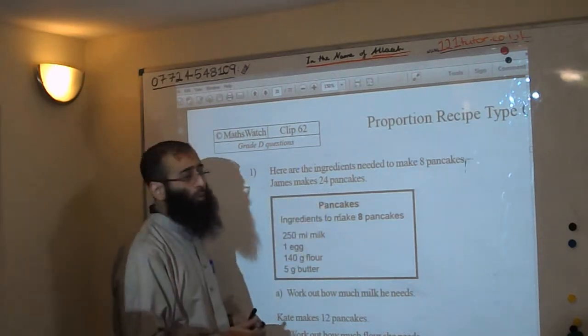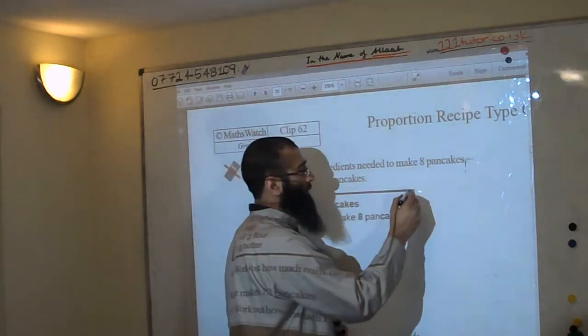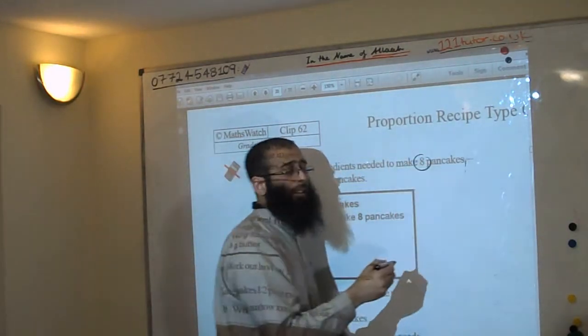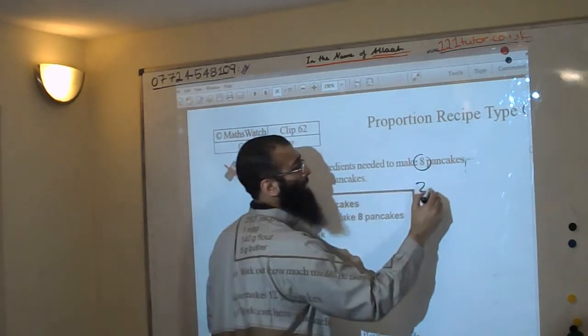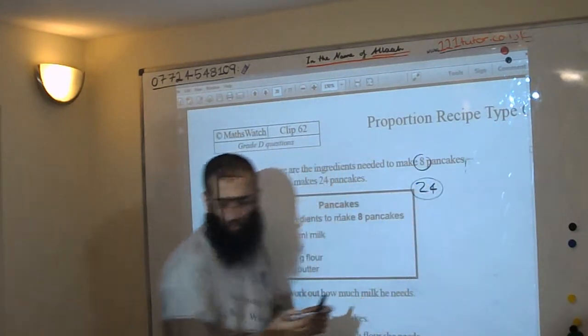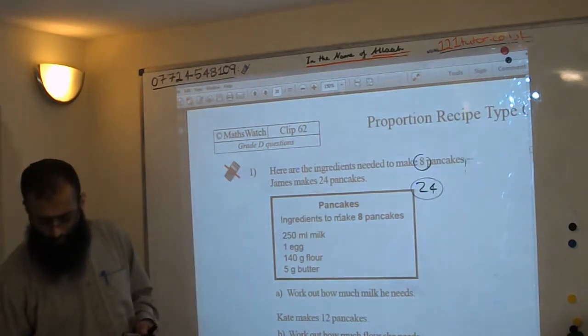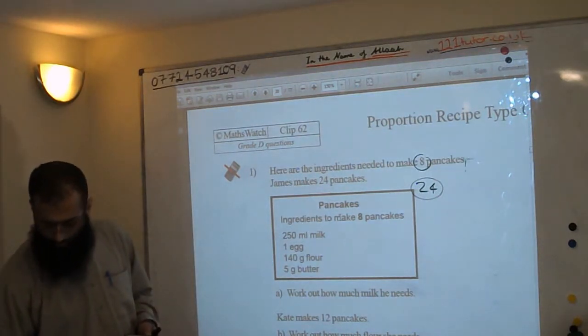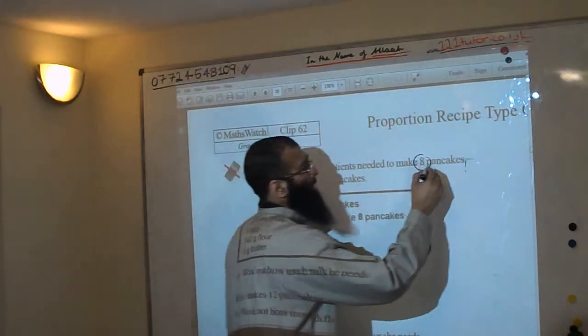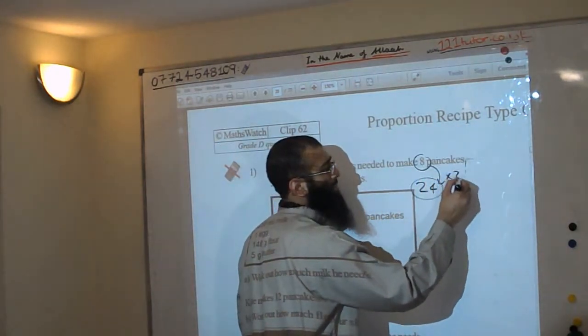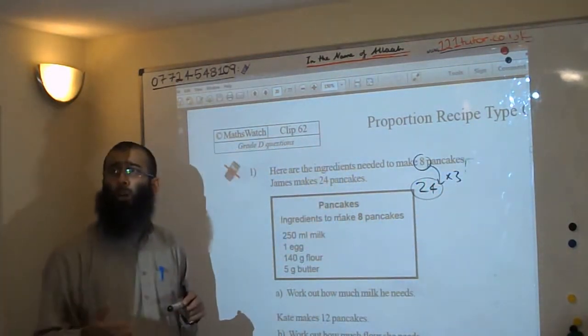So here are the ingredients needed to make 8 pancakes. James makes 24. So first of all, this ingredient is for 8 and he wants to make 24. So what we have to think is, how do we get from 8 to 24? And the answer is, what we do? Times by 3.